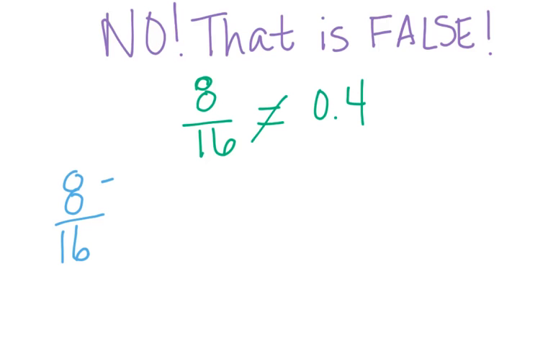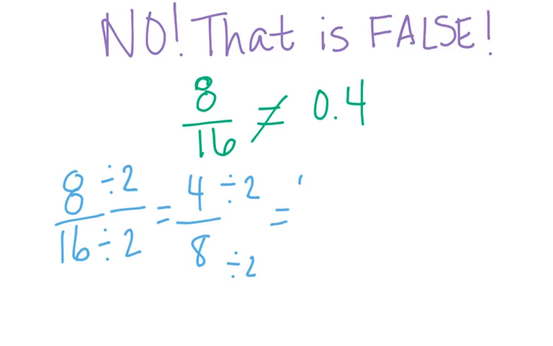So I'm going to divide the top and the bottom by 2. And let's see what happens if I do that. 8 divided by 2 is 4, and 16 divided by 2 is 8. That's not helping me. Maybe I need to divide it by 2 again. 4 divided by 2 equals 2, and 8 divided by 2 equals 4. It's not getting where I wanted it to be, so I'm going to keep going.